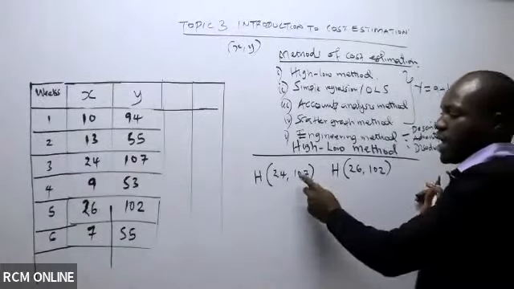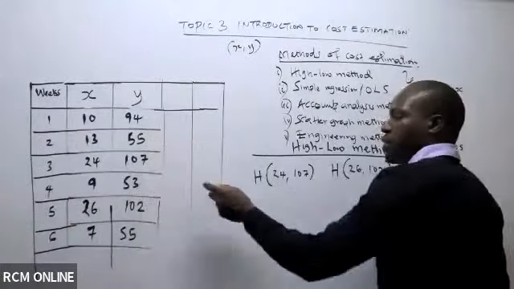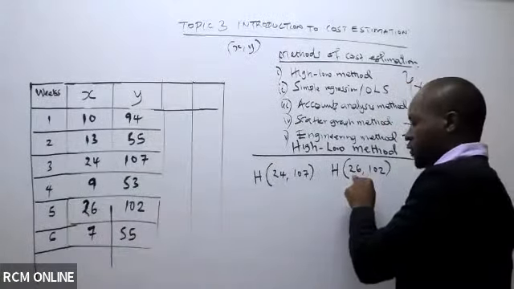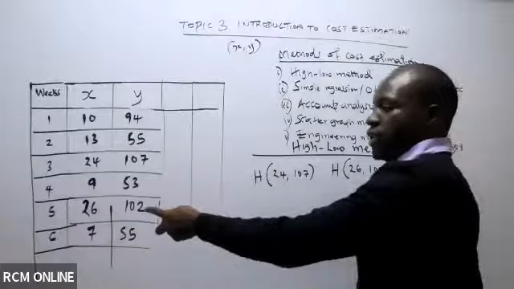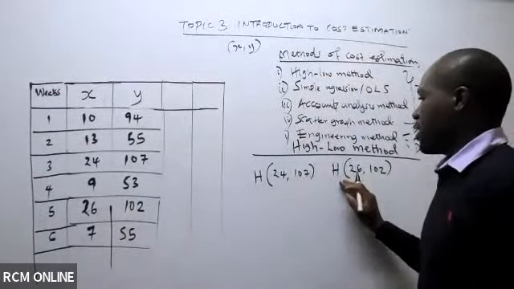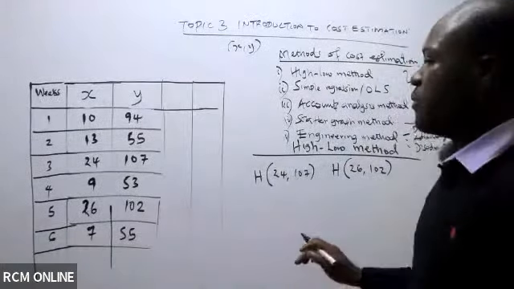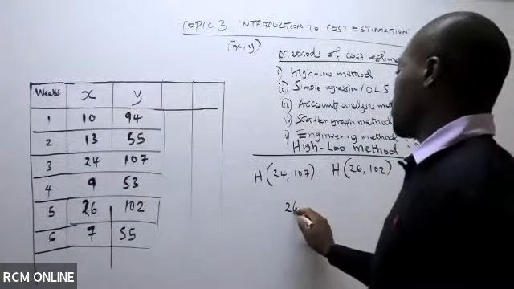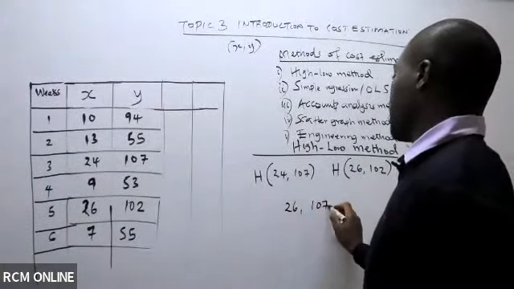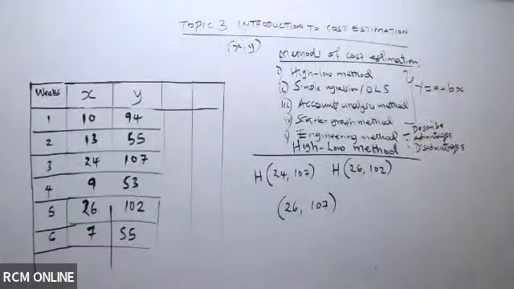Because this is the highest value, 107. Then this is also the highest value, 26. So these two people are right, but they only need some adjustment to get the difference. But someone who comes here and tells us 26, 107, this one here, we should not forgive him or her, right?